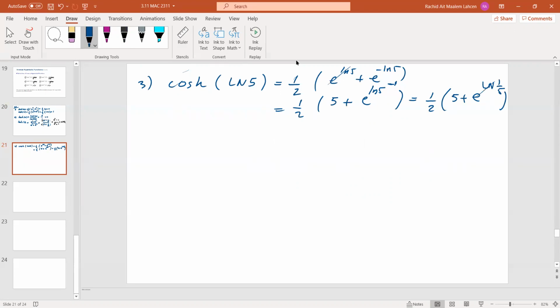Now these cancel and they give you 1/2 times 5 plus 1/5. And that should give us 13/5. We can use a calculator and get 2.6 and some numbers there.